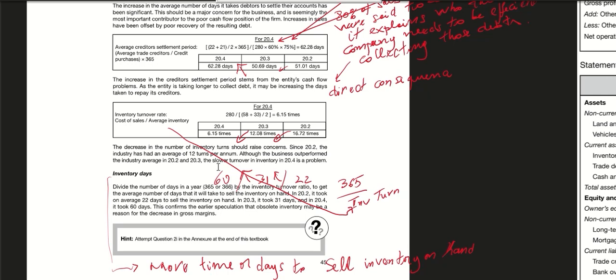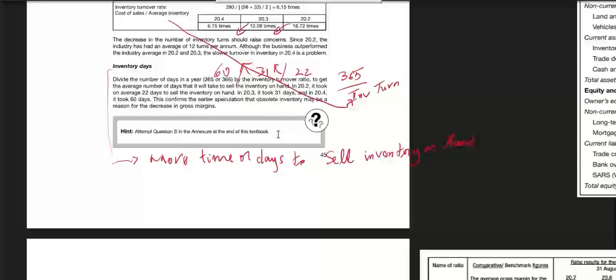But you can see from 2022 it fell drastically to 6, which is below the average, and it is a problem. It was doing well in 2022, and slightly in 2023, but then in 2024 it fell, and that's a problem. Inventory days obviously can also be calculated.